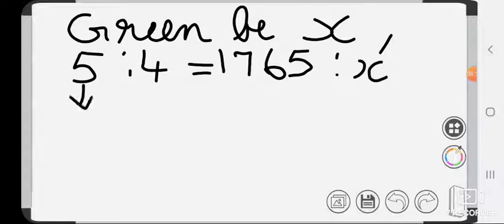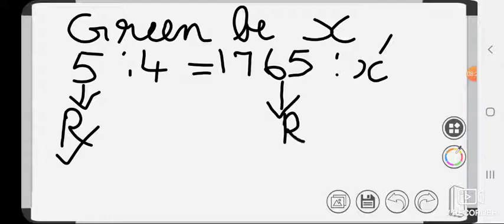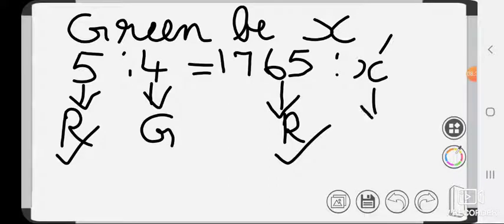See, this is the red bulbs ratio, and this is the red bulbs total number. So that is the first term, so the total number should also be represented as the first term. Now this is the green bulbs ratio. The green bulbs number is unknown, so that is represented as the second term. Okay, dear?